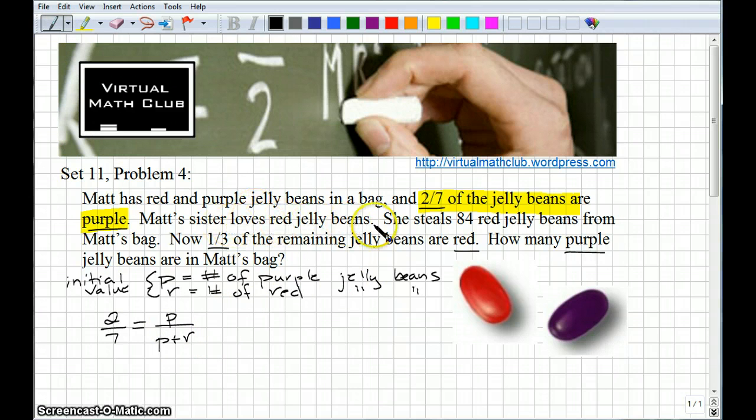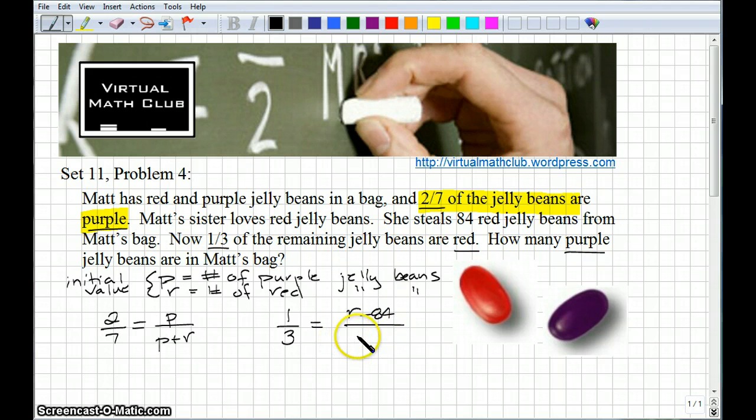Matt's sister steals 84 jelly beans, and then 1/3 of the jelly beans are red. Let's write that out as an expression. 1/3 is equal to the red jelly beans after she steals 84, so it's R minus 84, over the total number of jelly beans.